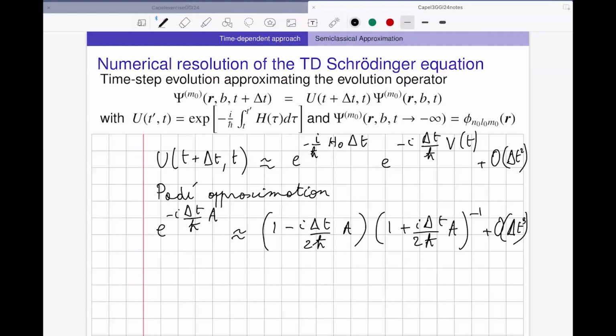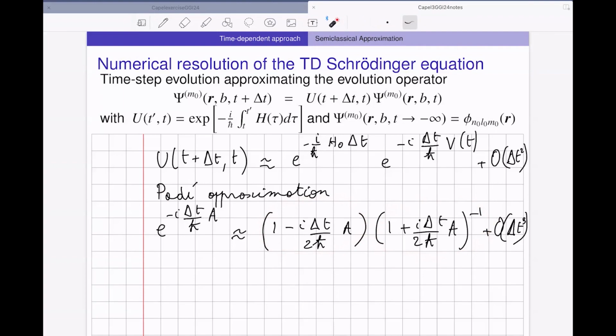So you don't need to compute the exponential. This part is very simple to do. This one is more complicated because you need to compute the inverse of an operator.